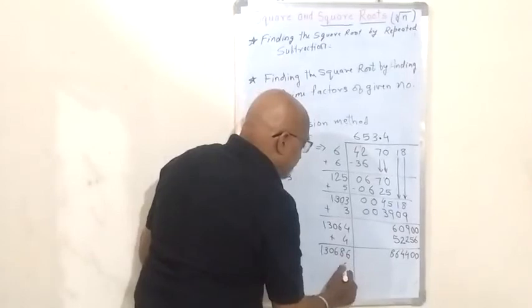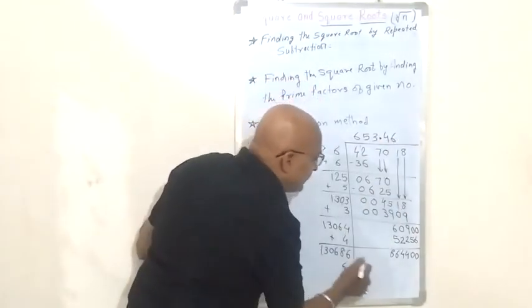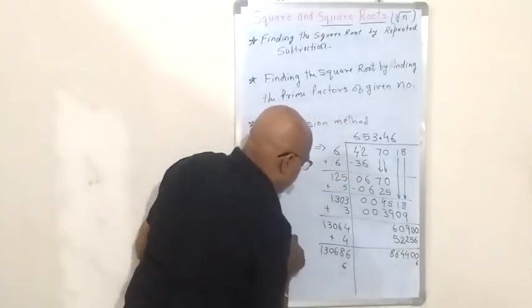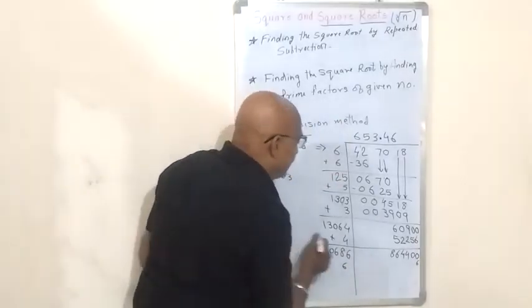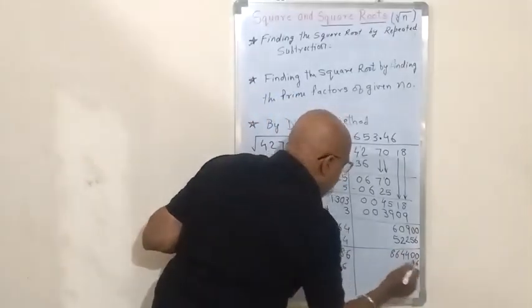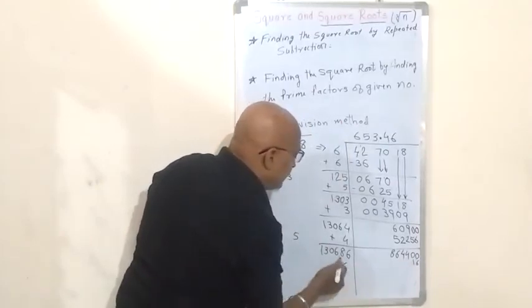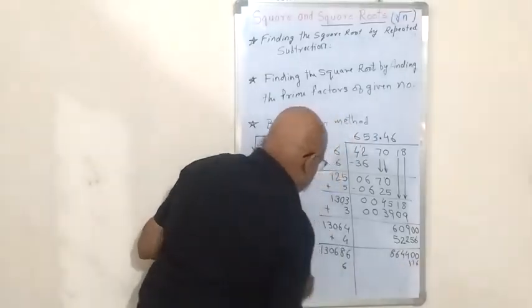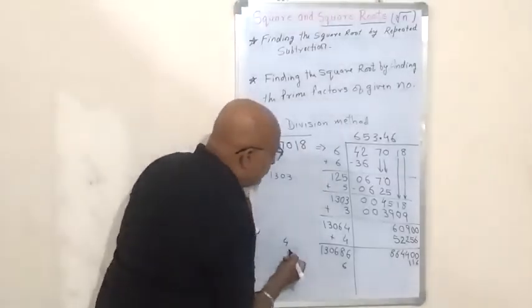So 6, again 6 here, again 6 here. 6 6s are 36, carry over 3, 6 8s are 48 and 3 is 51, carry over 5, 6 6s are 36 and 5 is 41. So carry over is 4.